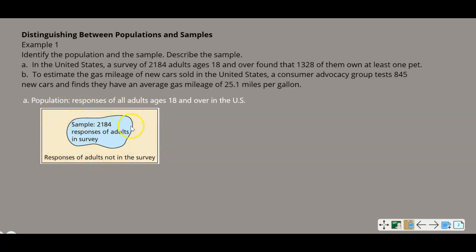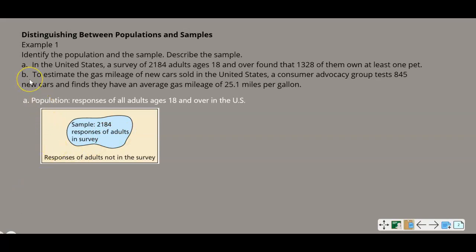And then this portion in the middle here represents the sample of the respondents of the adults in the survey. So that means that there's 1,328 adults who said they own a pet, which you can conclude that 856 adults who were surveyed did not own a pet.